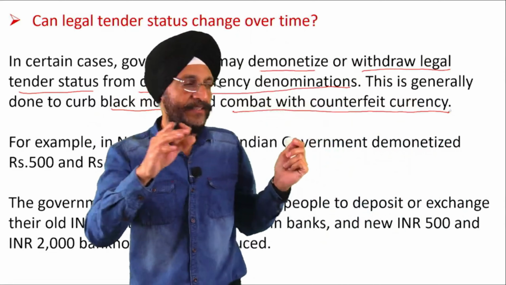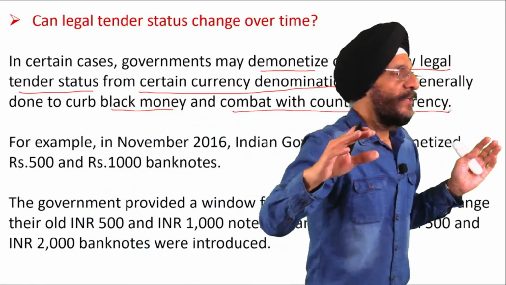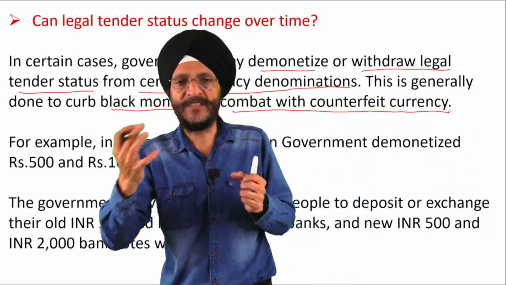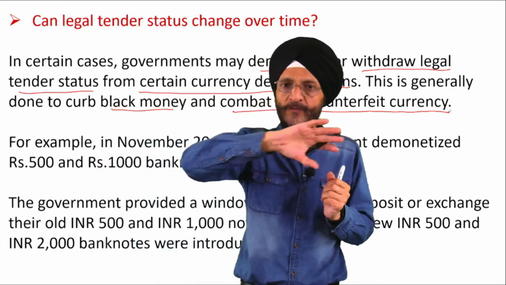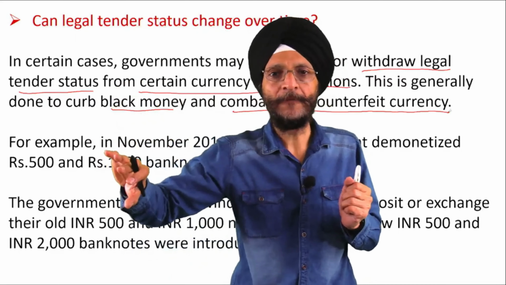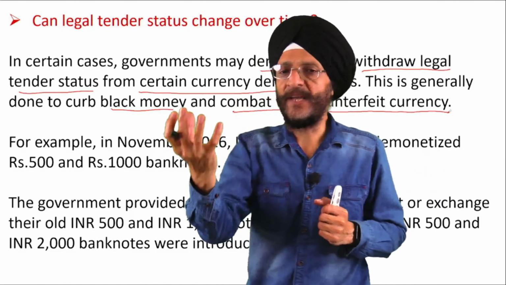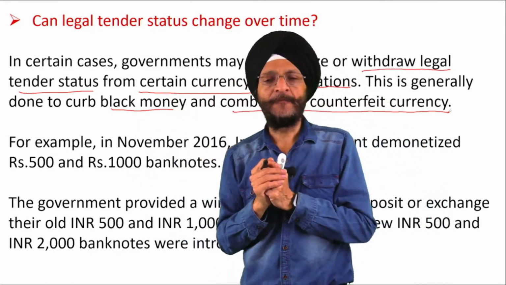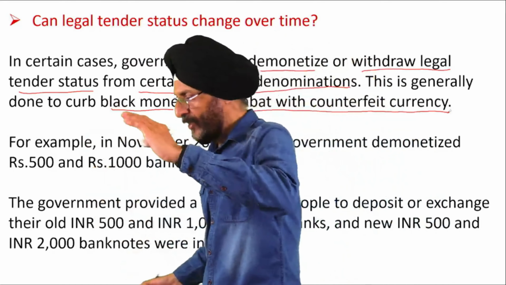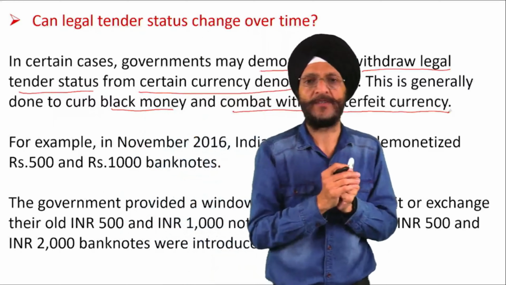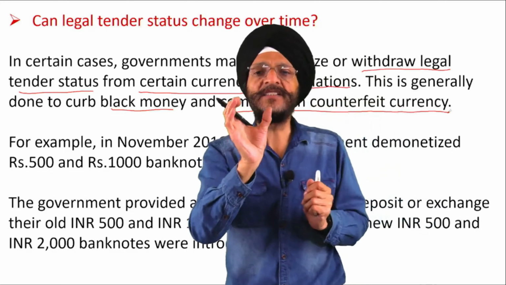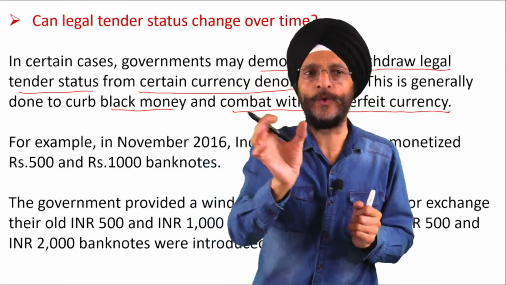Sometimes the government thinks that there is a lot of black money in the country and the government wants to remove the same from the economy, or a particular currency note may be fake, printed by criminal minded people. If there is large supply of fake currency of a particular denomination, then the government may decide to withdraw the legal status from that particular currency note.